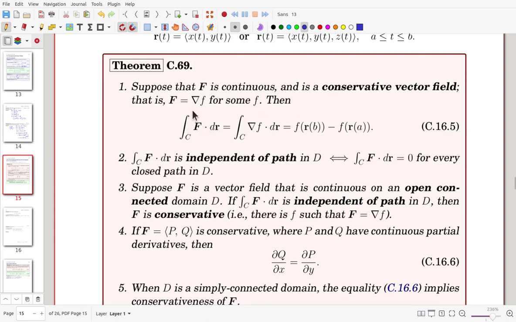That means there is a potential little f such that the vector field can be written as the gradient of the potential. Then the line integral of the conservative vector field can be written in this way, and we can evaluate through the values of the potential at the terminal point and at the beginning point.